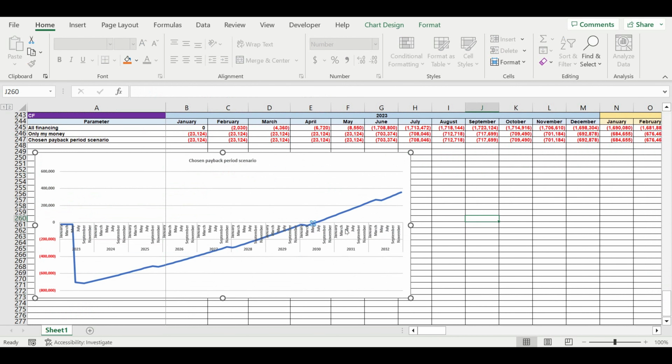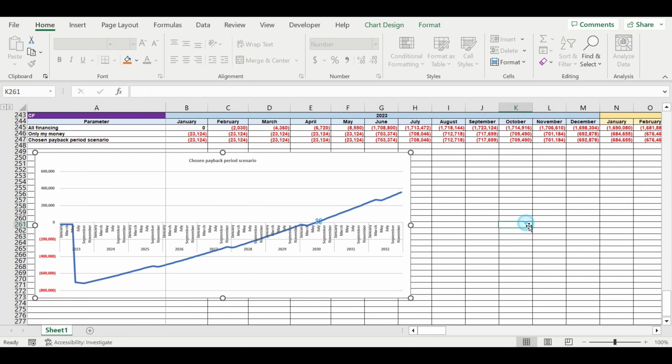So the rule for a simple payback period is when this diagram crosses the OX axis. This means that in this moment the payback period occurs.